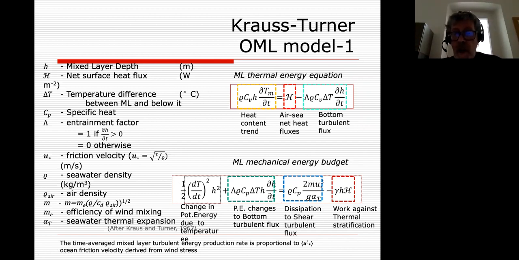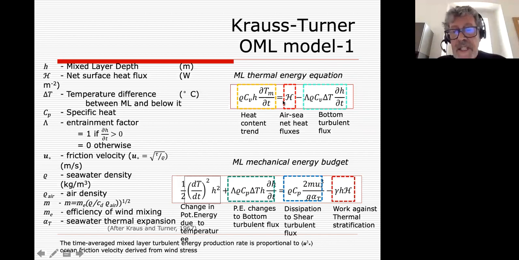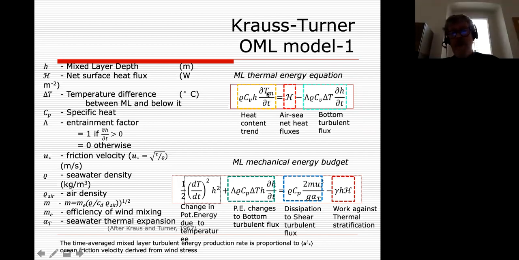It depends on the net heat fluxes. If the heat fluxes increase, the temperature also increases. If the net fluxes go negative, the tendency of the temperature will be negative, so we have a cooling.